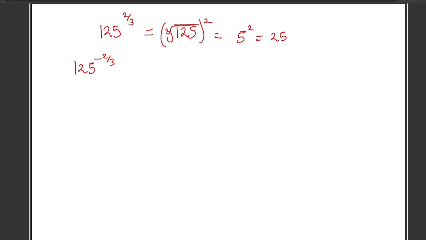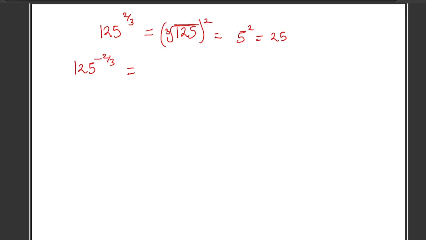So minus 2 over 3 is a negative power, and also a fractional power, meaning we've combined the 5th and the 6th law. The 5th law is meant for negative powers, while the 6th law is meant for fractional powers.